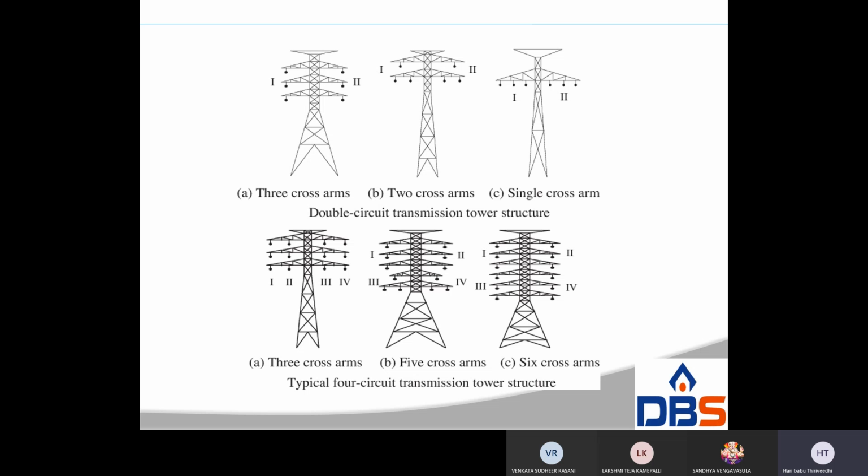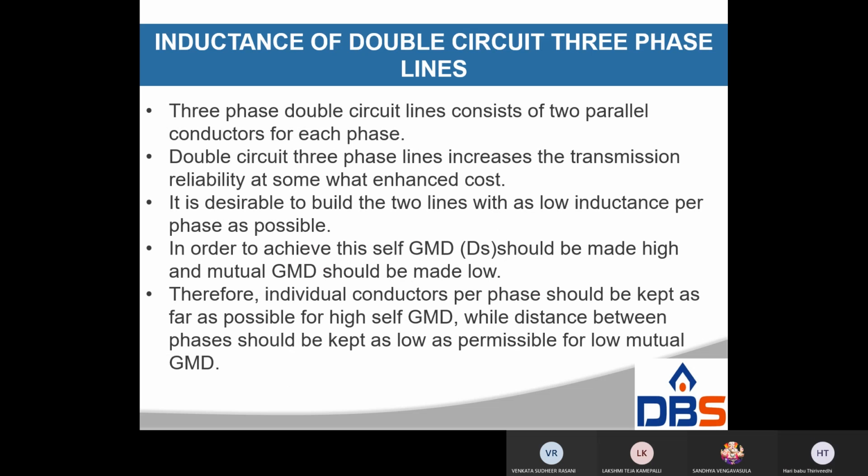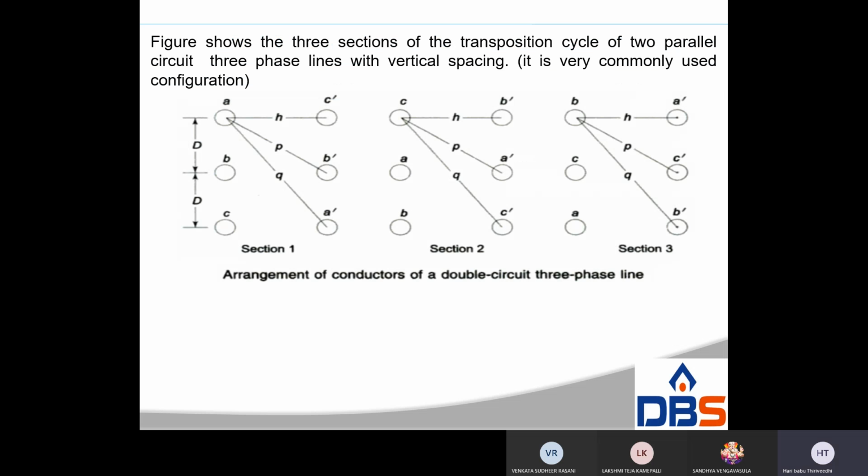Three cross arms, two cross arms, one cross arm, and here like this. We don't have that double circuit line, but in GATE itself, a double circuit line will be there. And suppose the given double circuit line is like this.